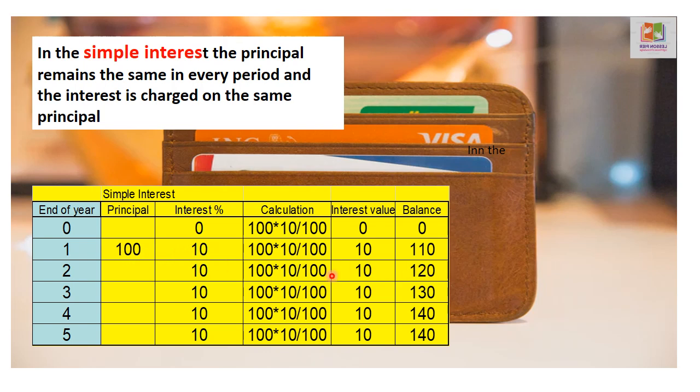Again, the interest is 10. So the principal plus the first year and the second year interest becomes the balance. See, the principal remains the same, but the interest keeps on accumulating every year on the same principal. This type of interest is not mostly used in finance. We use compound interest because that is the more practical side of finance.